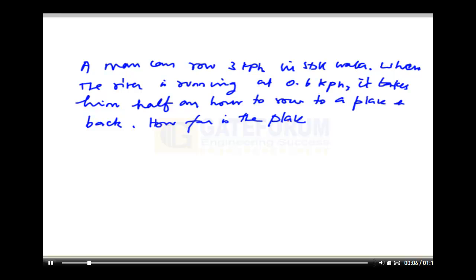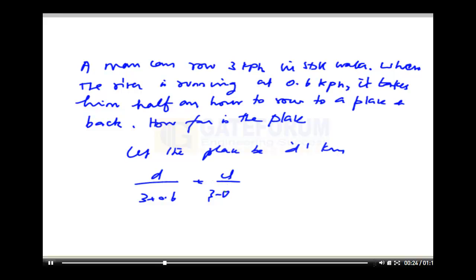A man rows at 3 kilometers per hour in still water. When the river is running at 0.6 kilometers per hour, it takes him half an hour to row to a place and back. How far is the place? Let the place be d kilometers. Downstream speed is 3 plus 0.6, upstream is 3 minus 0.6, and the total time is half an hour. So d by 3.6 plus d by 2.4 is equal to 1 by 2.